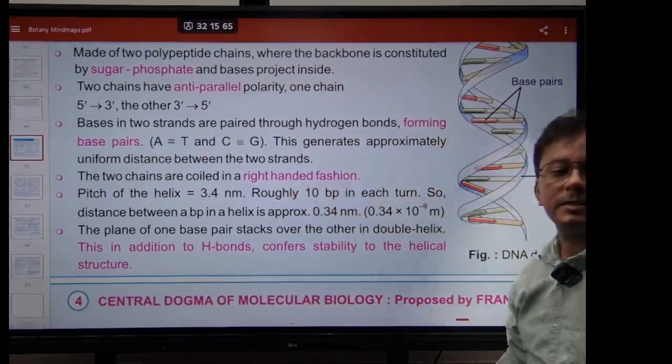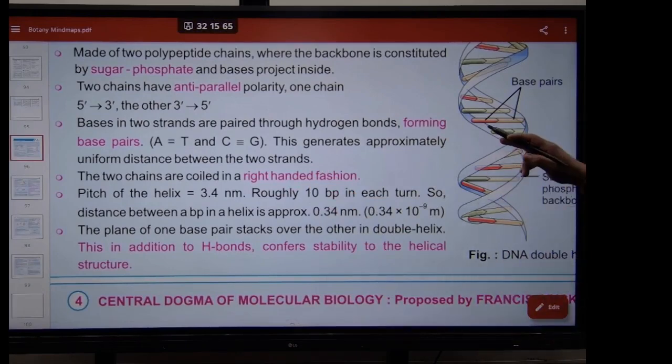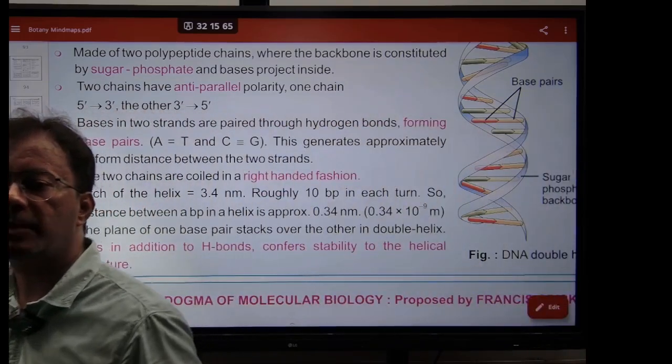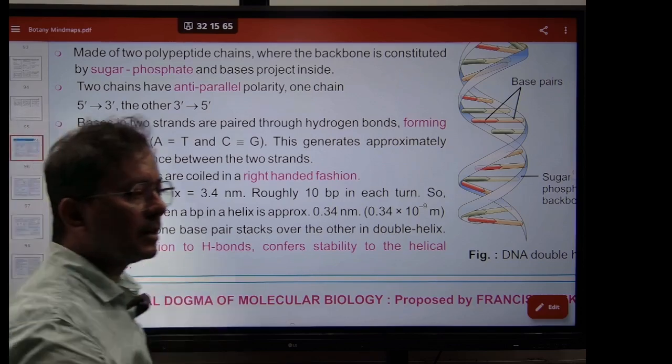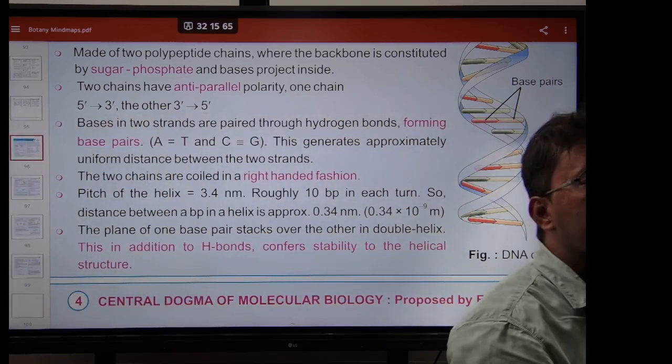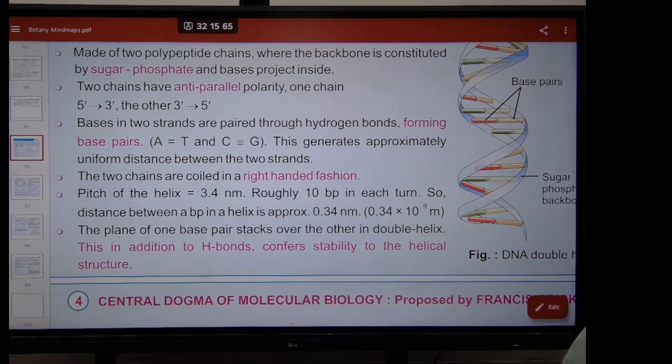The two chains of the DNA are anti-parallel to each other, which means if one chain runs in 5' to 3' direction, the other chain runs in 3' to 5' direction. So what do we have on the third carbon atom of the sugar? A hydroxyl group.